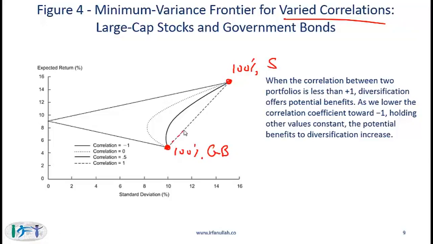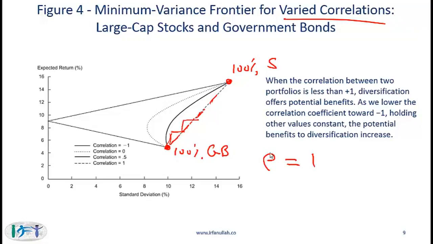This dashed line shows us the return and risk characteristics of a portfolio if the correlation between stocks and bonds is equal to 1. With this dashed line, notice that there is no diversification benefit. You get a higher return only if you take on more risk.